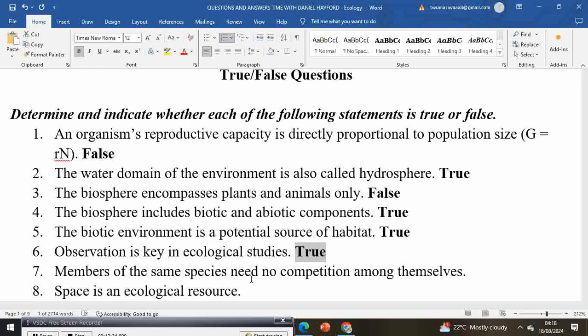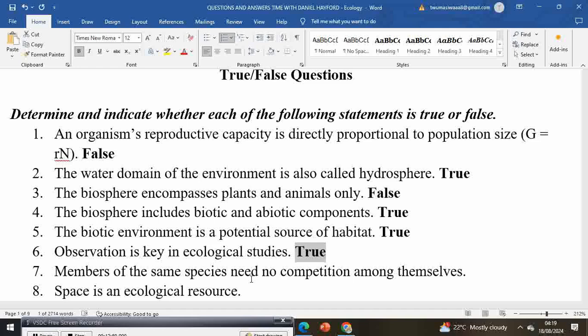You can observe organisms trying to encroach on the territories of other organisms, the ranges of other organisms. And you realize that there can be competition, there can be fights between those organisms. Organisms do fight to protect their territories. And ecologists may observe all that.